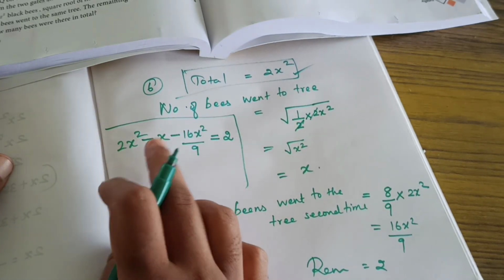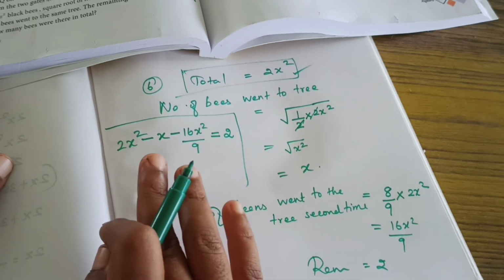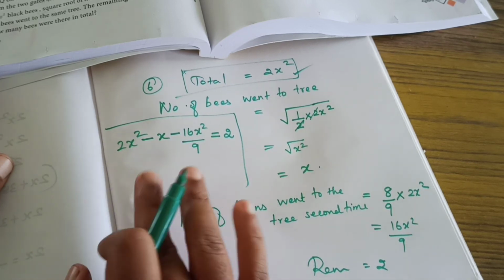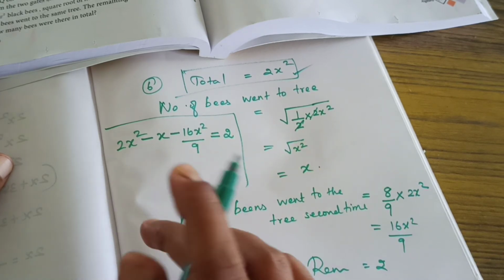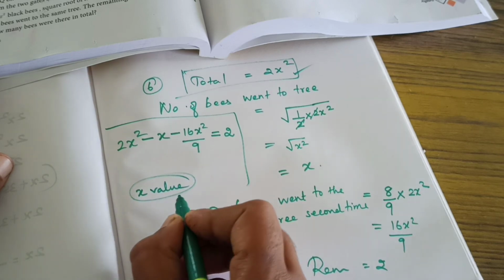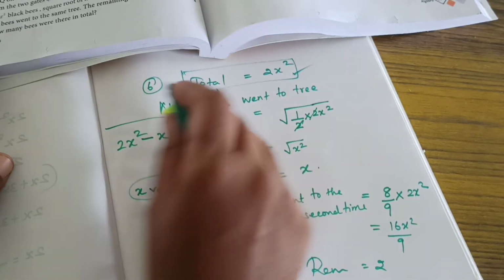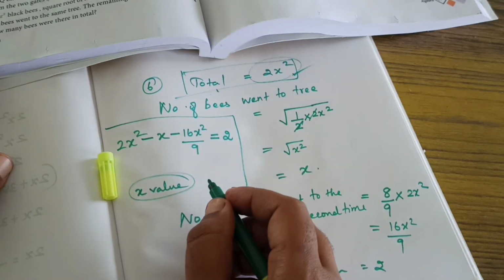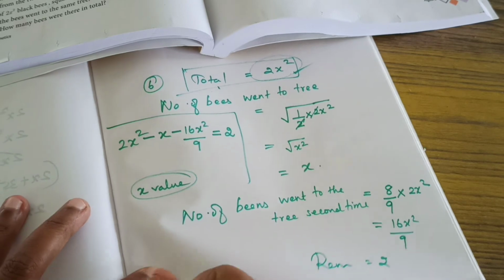So this one we need to calculate. So here take the LCM, form the quadratic equation, solve it using the factorization method, otherwise the formula method. You will get the x value. Okay. After finding the x value, you need to put it here. Total number of bees means the 2x square value we need to calculate. So this homework, the outline I gave, you need to calculate.